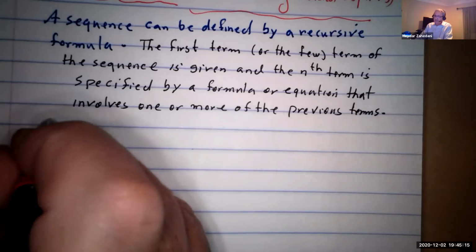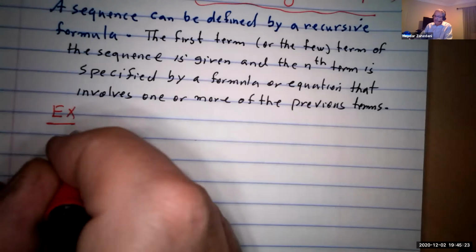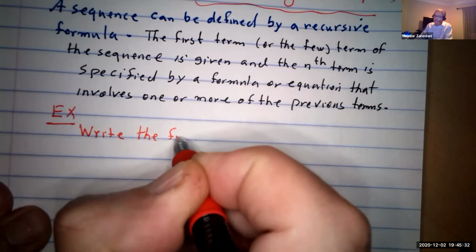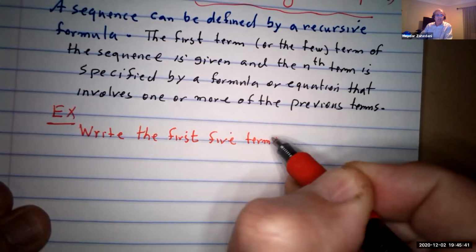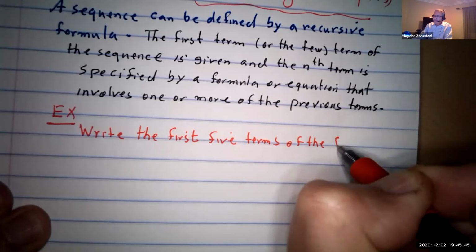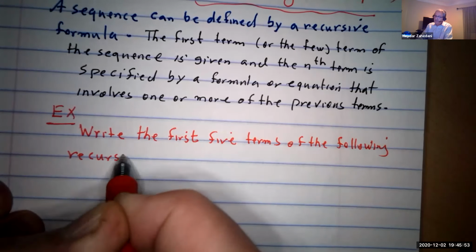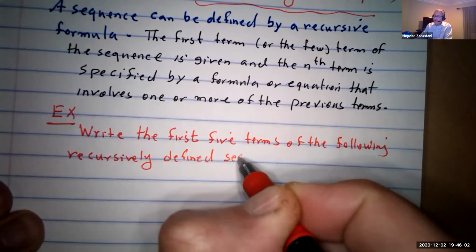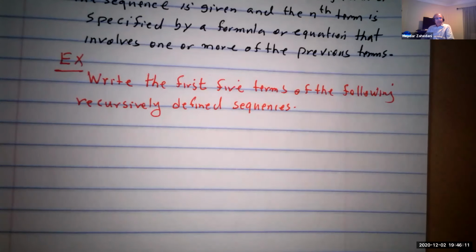So this is going to be the example. We would like you to write down the first, let's say, 5 terms of the following recursively defined sequences. That's not the only problem you have to consider, and there are 2 types.